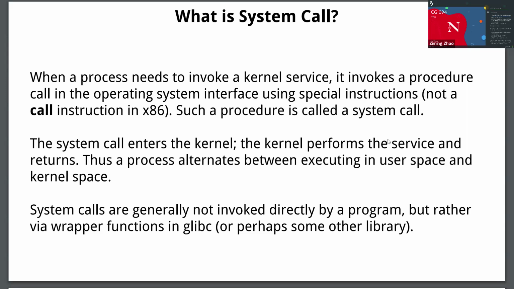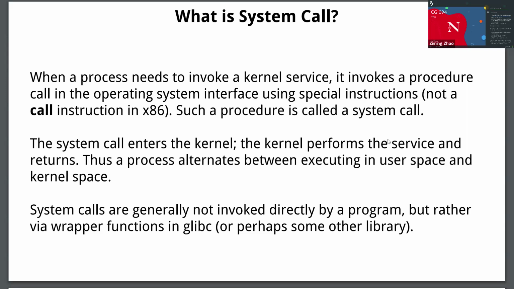Sometimes you make function calls to the C library, and the C library makes system calls. For example, if you open a file, you use the C library function open, and it eventually makes a system call also called open. So the C library function is just a wrapper of that system call, which means your application can directly make system calls. You can also call a C library function which eventually makes that system call.